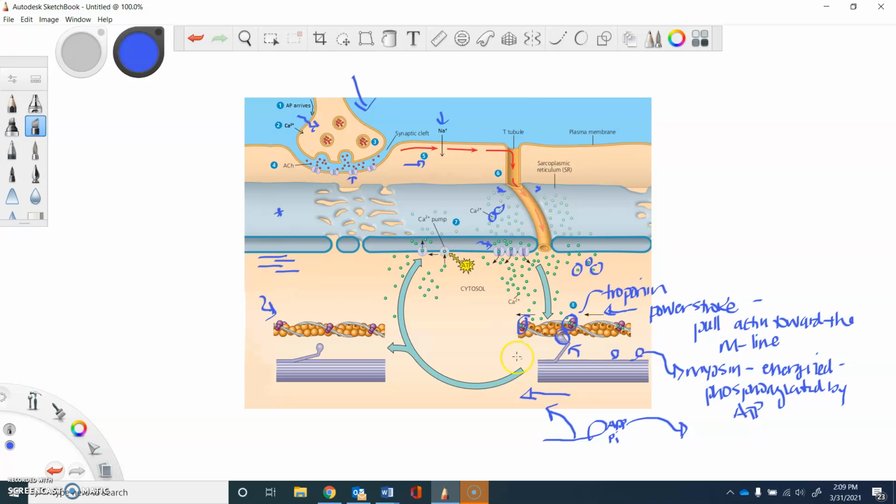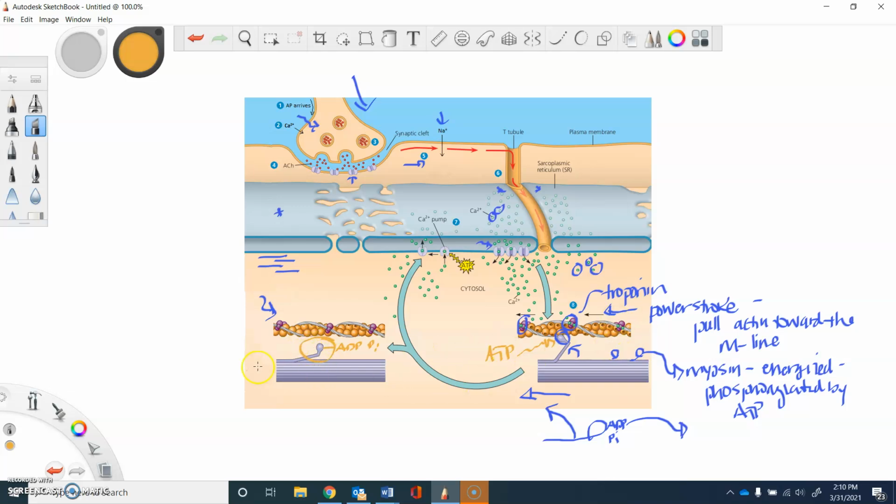So an ATP molecule has to come in here and bind in order for that head to release. Once it releases, then it will phosphorylate as it's going back down into its ready position. And it will end up giving it an ADP and an inorganic phosphate, so that when it's back in its ready position, it's already energized and ready to go to bind again.